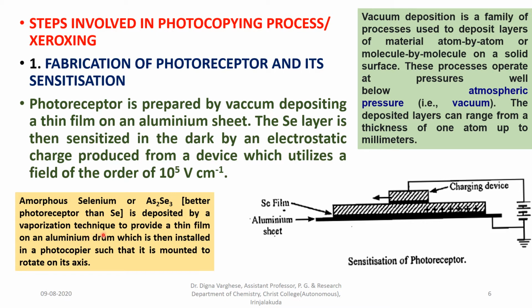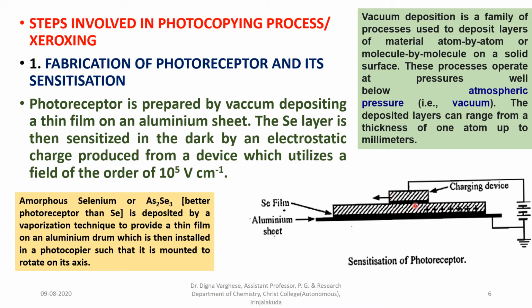Here we are using the aluminum surface to provide a thin film on an aluminum drum, which is then installed in a photocopier such that it is mounted to rotate on its own axis.